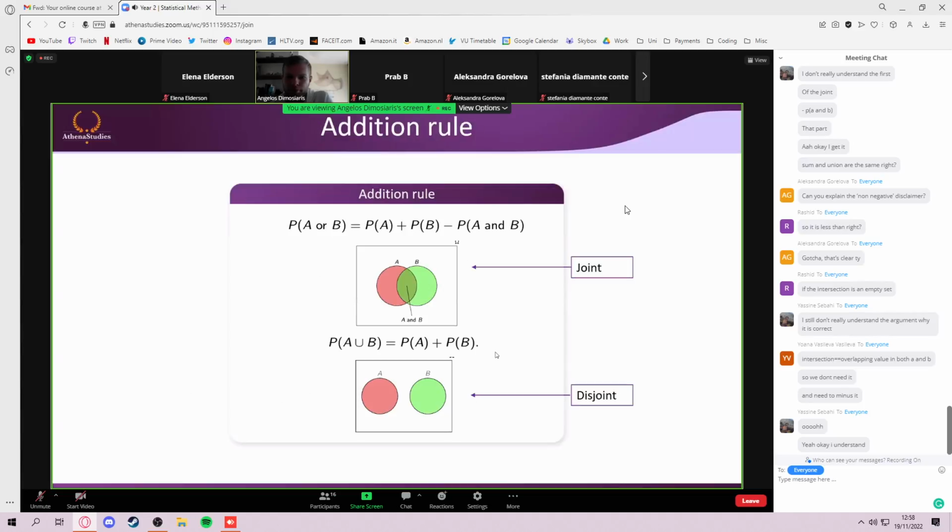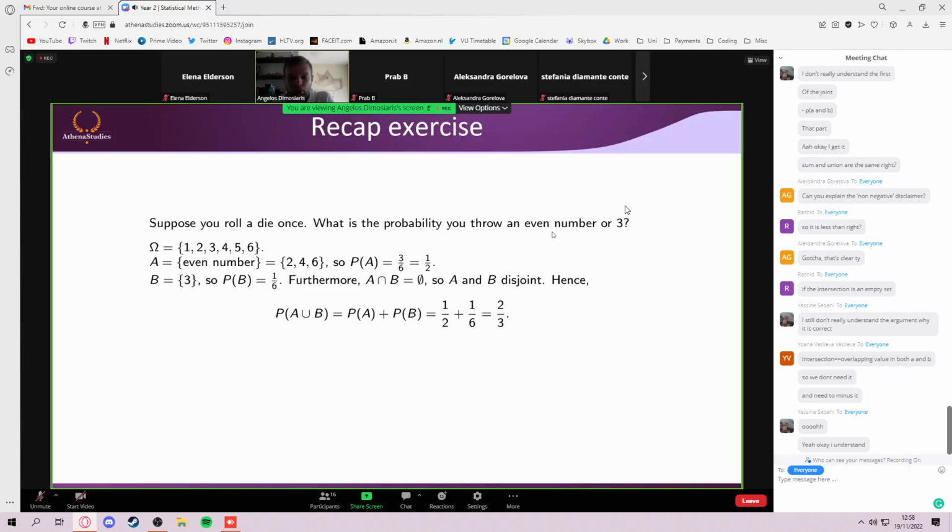And since they're disjoint, I go to this beautiful rule that says that P of A or B, because this is what I have been asked, even number or 3. So the probability of A or B equals the probability of A, 1 divided by 2, plus the probability of the event B, which is 1 divided by 6, equals 2 divided by 3. So this is 2 divided by 3, almost 66%. Oh, that's nice.